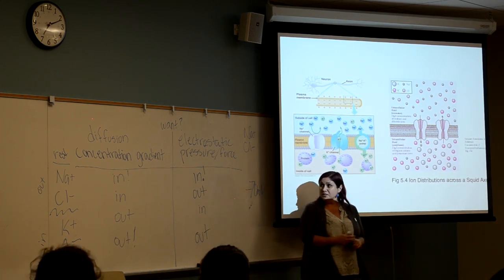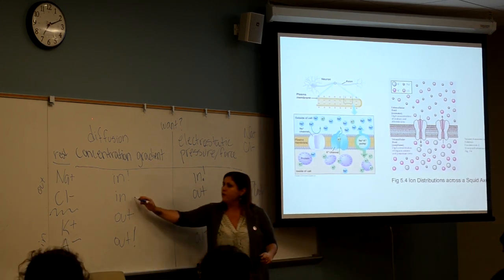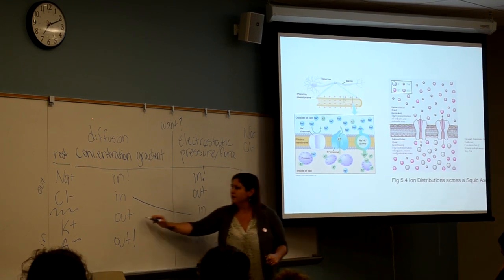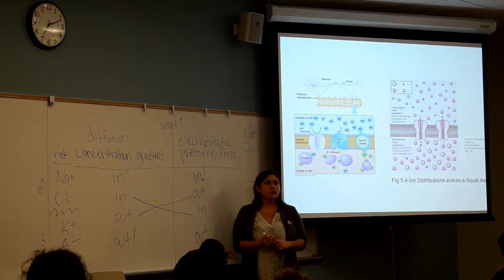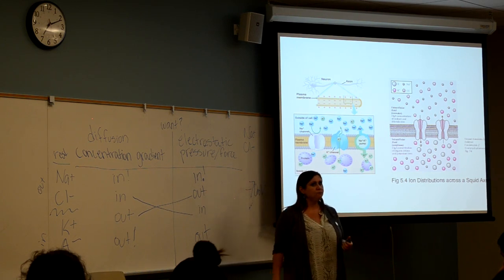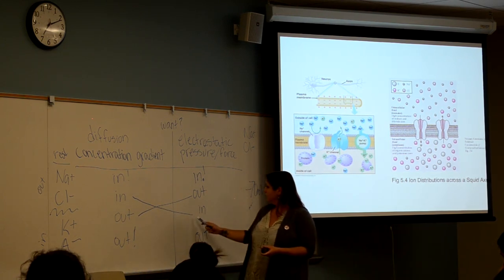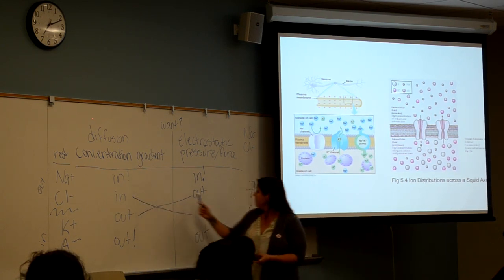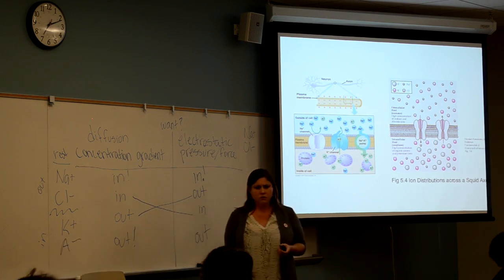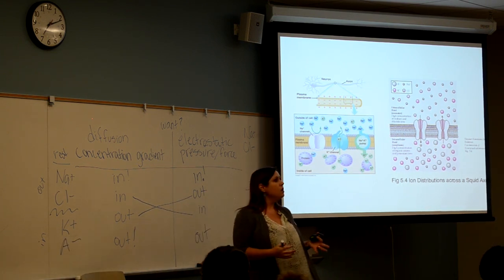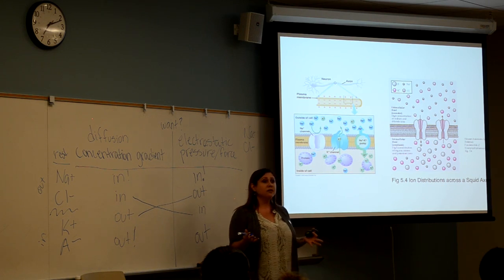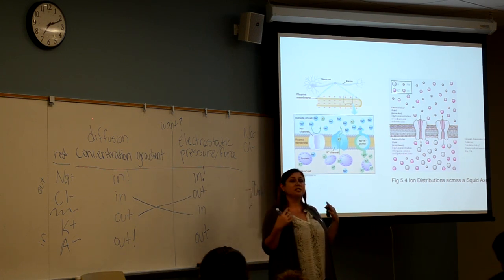You will notice that these two forces are conflicting for chloride and potassium. In versus out, in versus out. So when the cell is at rest, those ions tend to just stay where they are.